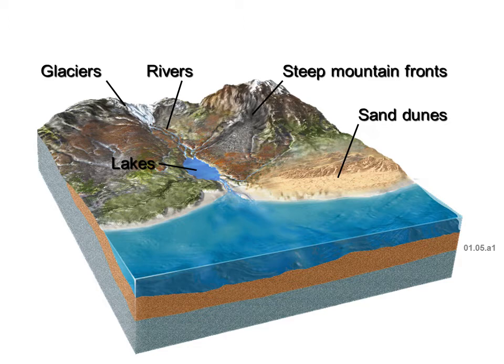Sand dunes. You'll never guess what they're made of. Sand! So sand dunes are nearly all sand, and they're really cool actually. If you ever go up to a sand dune and gather some of the sand and either roll it between your fingers or take a look at it with a little hand lens or a little magnifying glass, you'll see the sand is actually perfectly spherical.